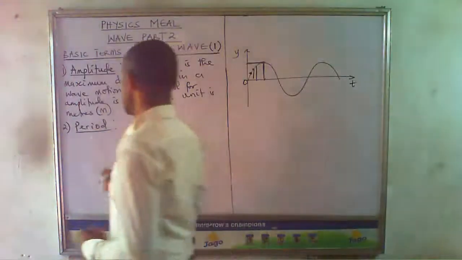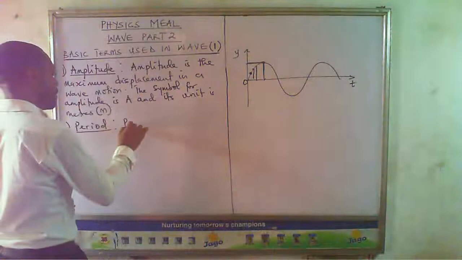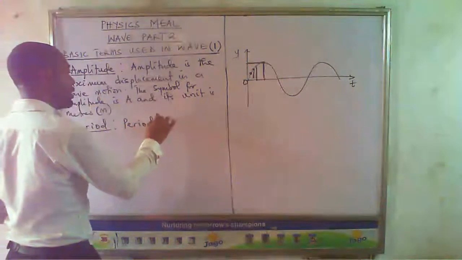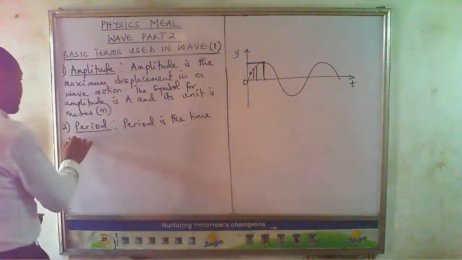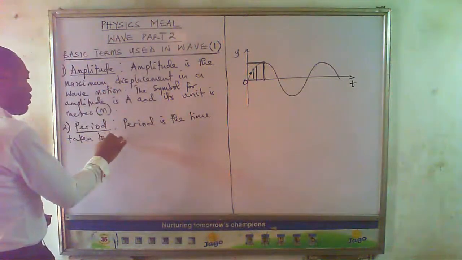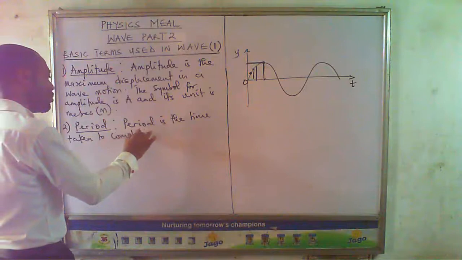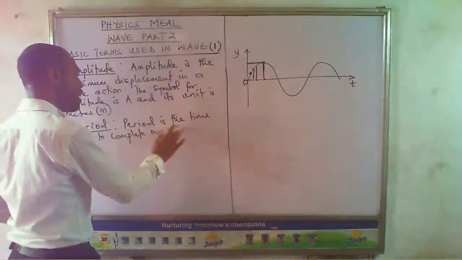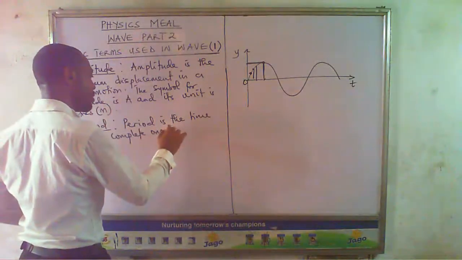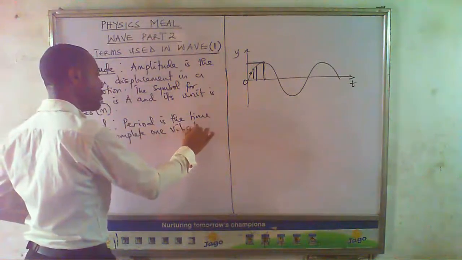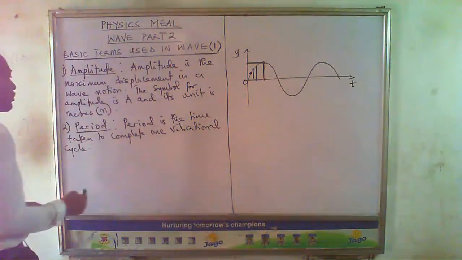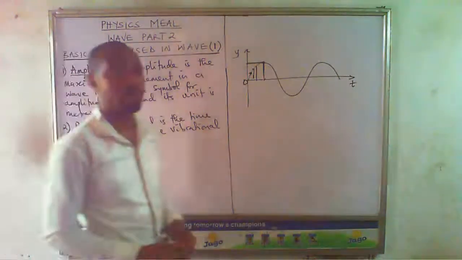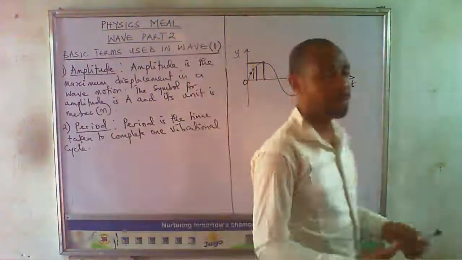We say that period is the time taken to complete one vibrational cycle, one cycle.